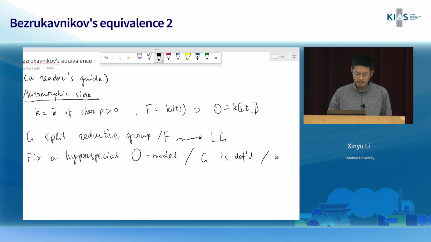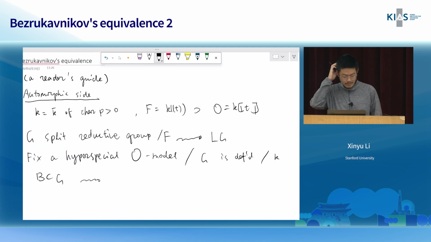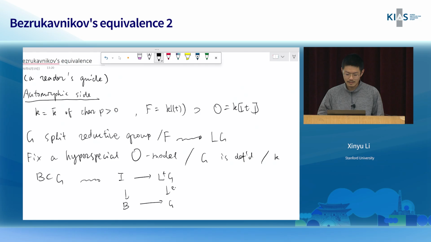So I choose a Borel B inside G. Then this gives me an Iwahori subgroup I, which is the pullback of the Borel under the evaluation map from the arc group to G. This is the Iwahori subgroup, and it has the so-called pro-unipotent radical, which is just the pullback of the unipotent radical of B.